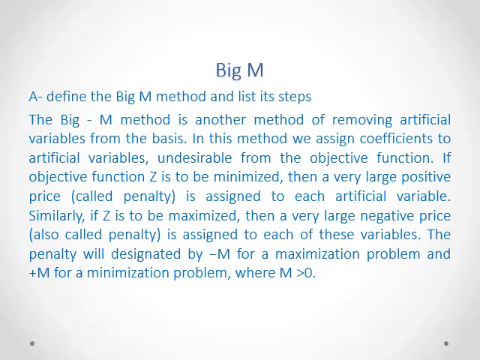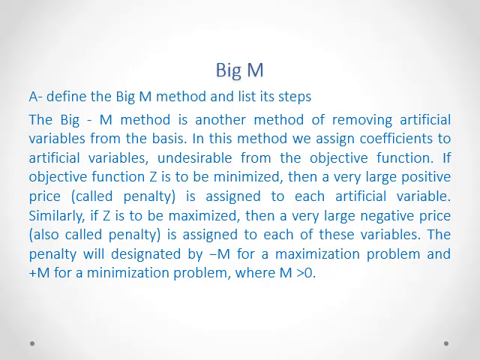Number 2, if the objective function is to be minimized, then a large positive M should be assigned to each artificial variable.